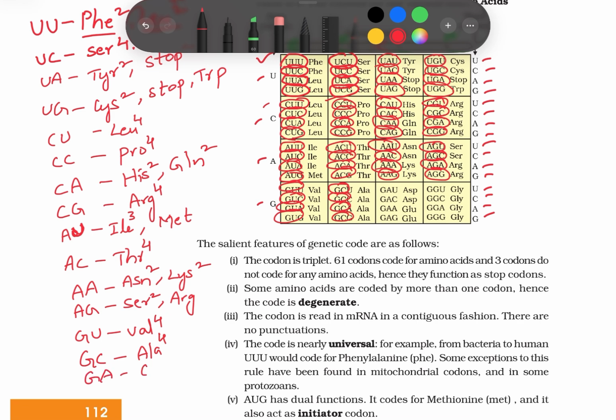GA, first two are coding for aspartate, Asp, aspartate. Next two codons coding for glutamate, Glu square. So GAU, GAC aspartate, GAA, GAG glutamate.